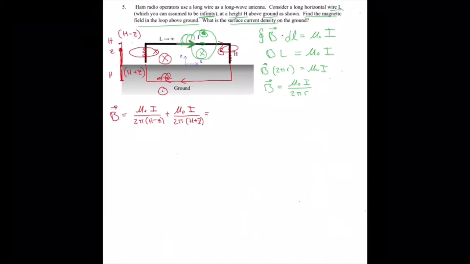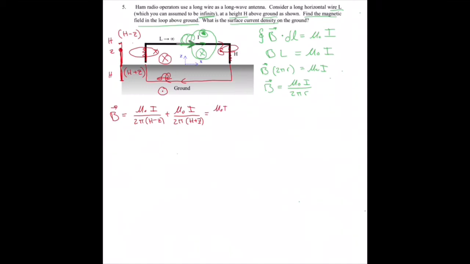Okay, and now we'll simplify this. Mu naught I over 2 pi, and I'm going to let you do the algebra on this, but this is going to equal 2h over h plus z times h minus z. And if we take this one more step, we're going to get mu naught I h over pi times h squared minus z squared.